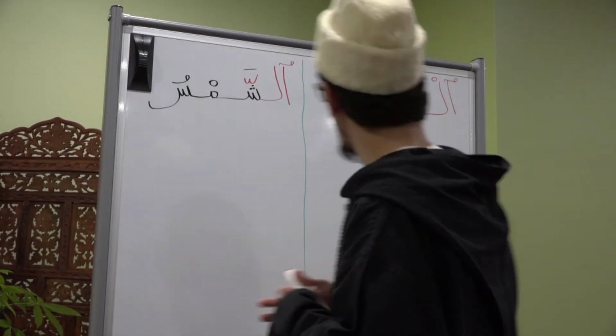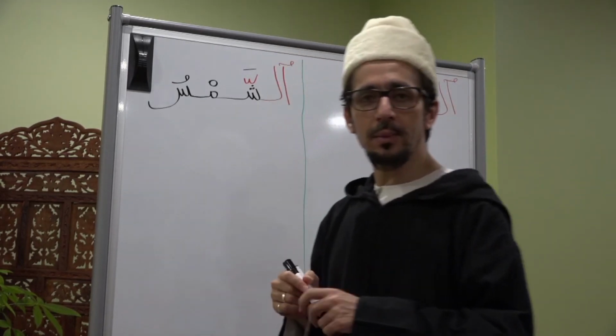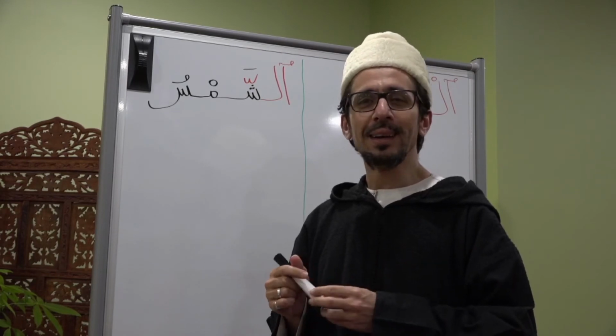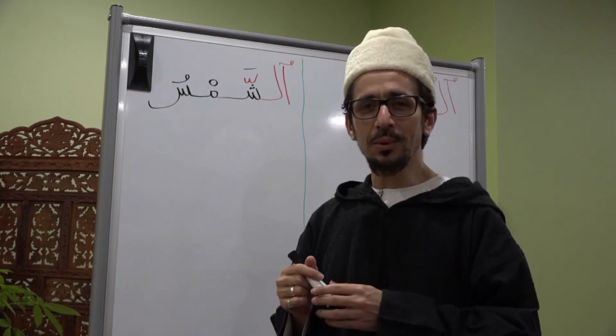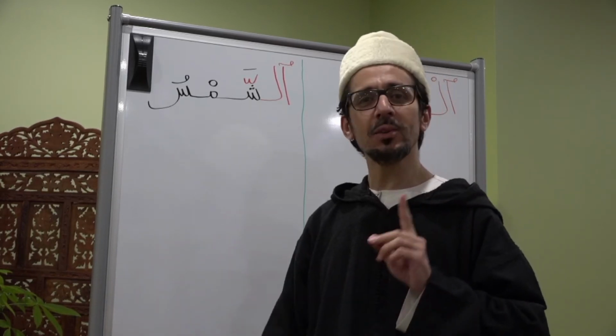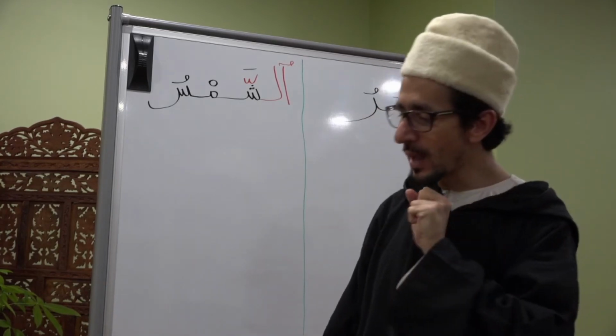Let us start with the first letter. Don't tell me alif. There is no word that starts with alif. The word will start with a, u or e, and that's not the alif, that's hamza. So the first letter that we start with is hamza.